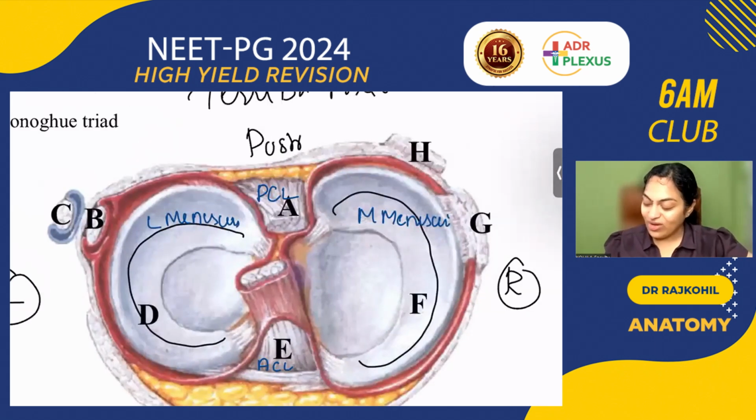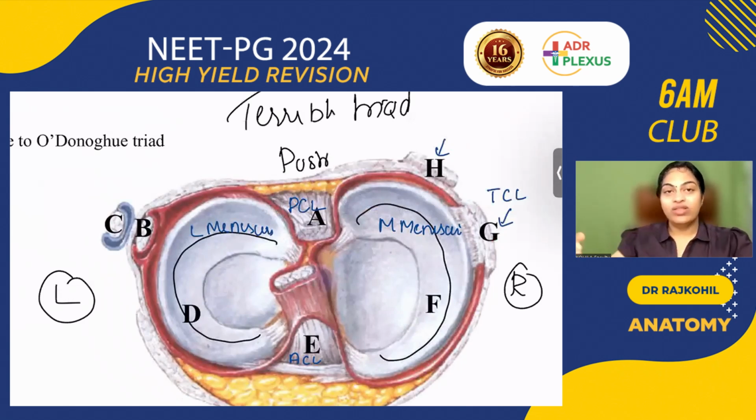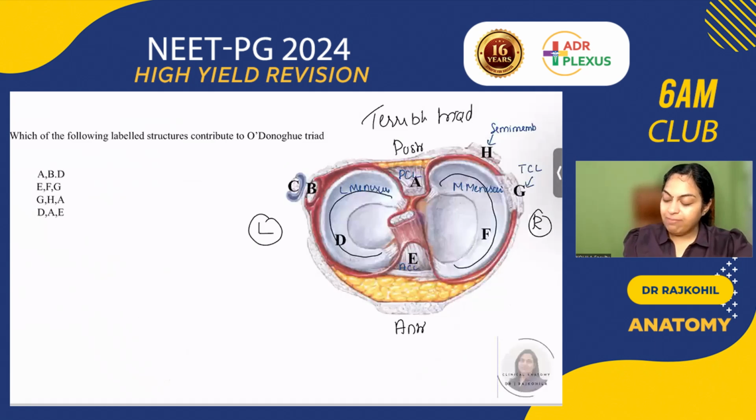Apart from that, what is G and H? G is going to be the tibial collateral ligament. Can you tell what is H? H, one of the hamstrings. It is on the groove over the posterior condyle of the tibia. Semimembranosus, right? And B, can you tell me what is B on the lateral aspect?